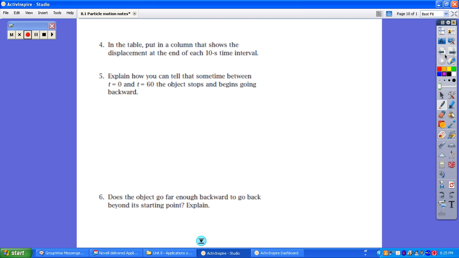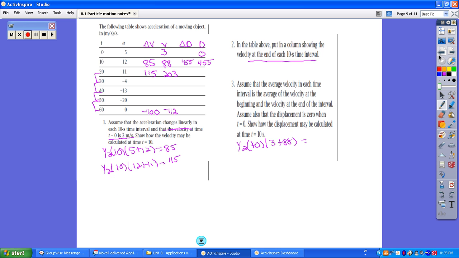So if you look on the next slide, it says in the table, put a column that shows the displacement at the end of each 10-second time interval. So that's what we're going to do here. So again, for the next one, I would do 1/2 times 10, and then 88 plus 203. Which gives me 1,455.